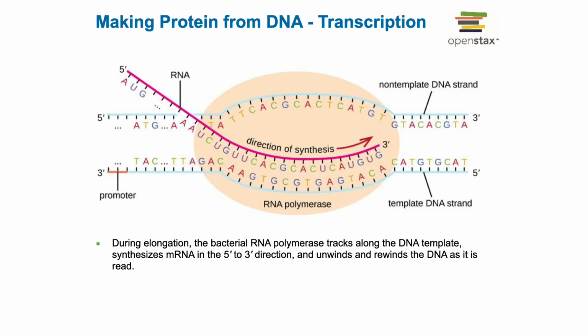The second big mystery was how proteins are made, how DNA is converted to traits. This involves two steps, transcription and translation. In transcription, the DNA strands are pulled apart again, and one of the strands serves as a template to make a messenger RNA that's complementary to that template.